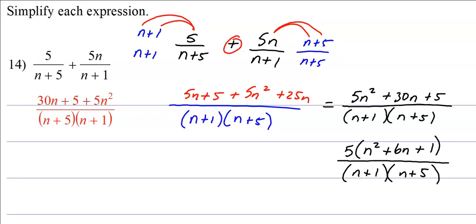Yeah, it doesn't look like it. It looks like they just left the top the same way, except they wrote it in a little bit backwards order, but this is pretty much the exact same as that. So nothing was able to factor out, and we're good to go.